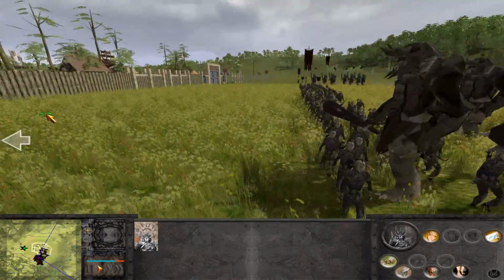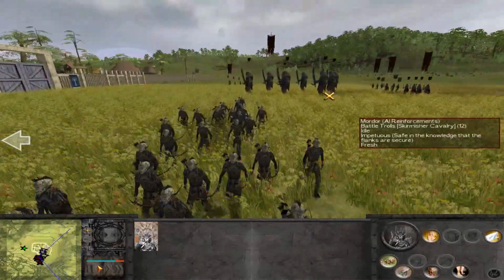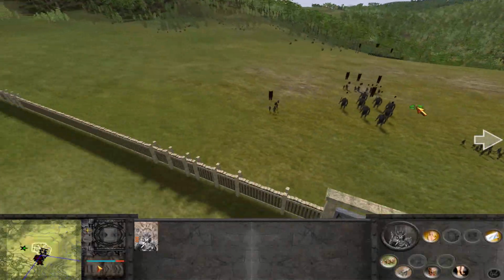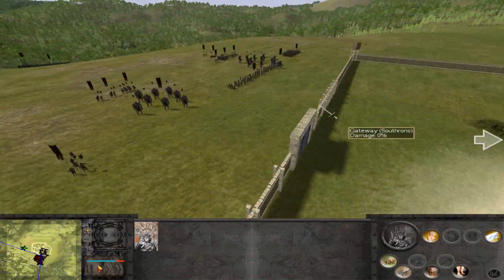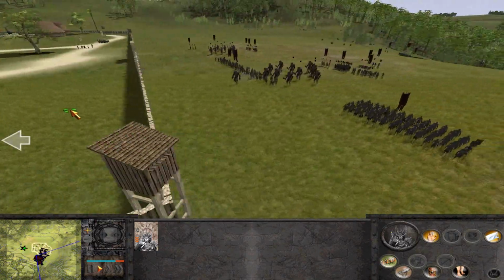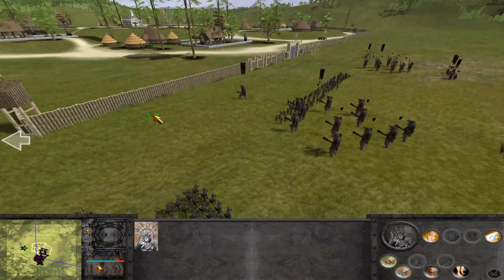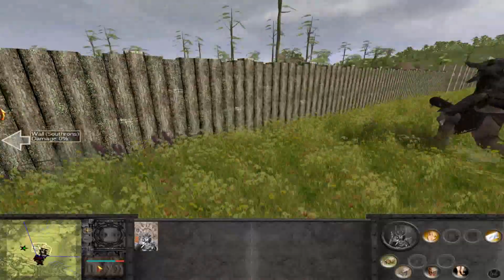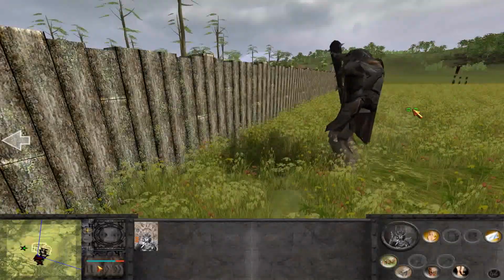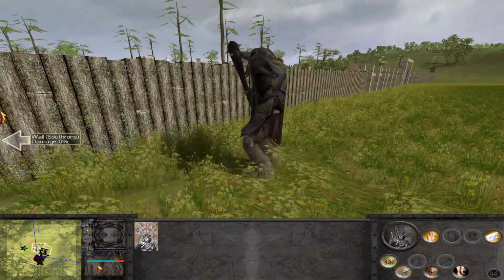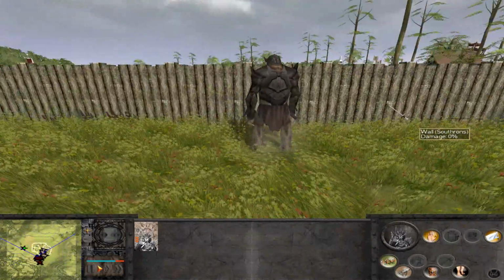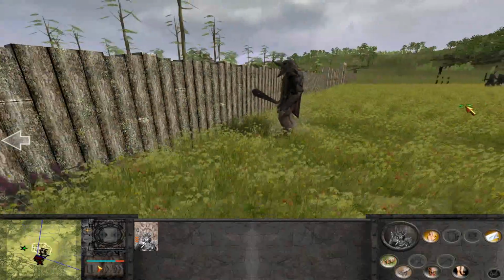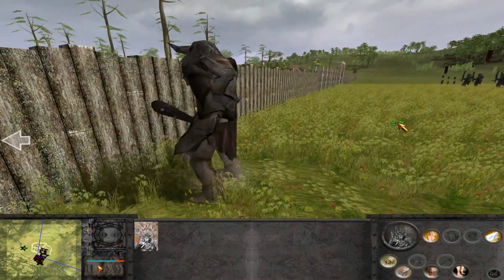But if you want patrolling soldiers, for example spearmen, and you want them to hold both the shield and the spear, not just the shield, then the solution is to rig the spear to the arm instead of to the right hand. This troll is about to start smashing down the palisade here.